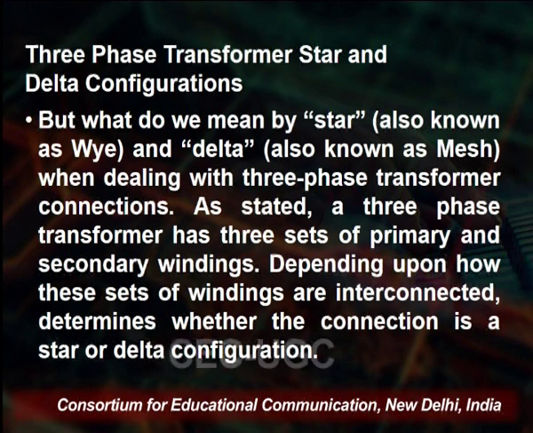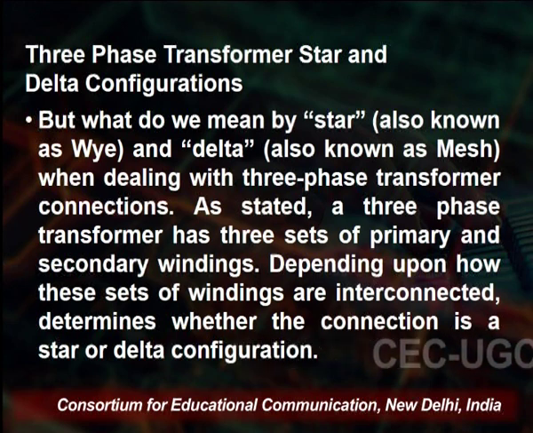The three phase transformer has three sets of primary and secondary windings, and depending upon how the sets of windings are interconnected, we determine the connection in the star and delta configuration.